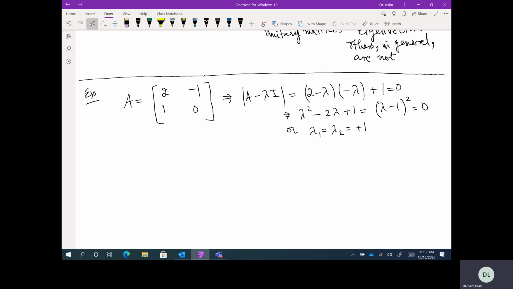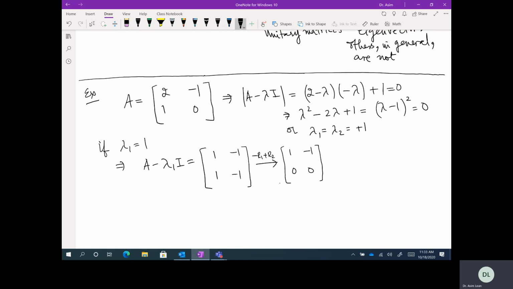If lambda 1 equals 1, then A minus lambda 1 I equals [1 -1; 1 -1], or this implies minus R1 plus R2. If I do the row echelon form, this is [1 -1; 0 0]. So what is the dimension here?